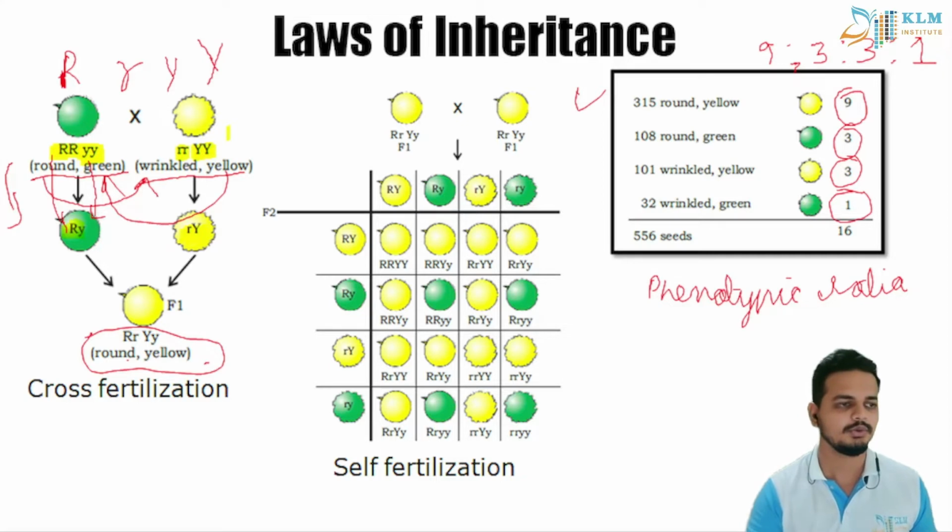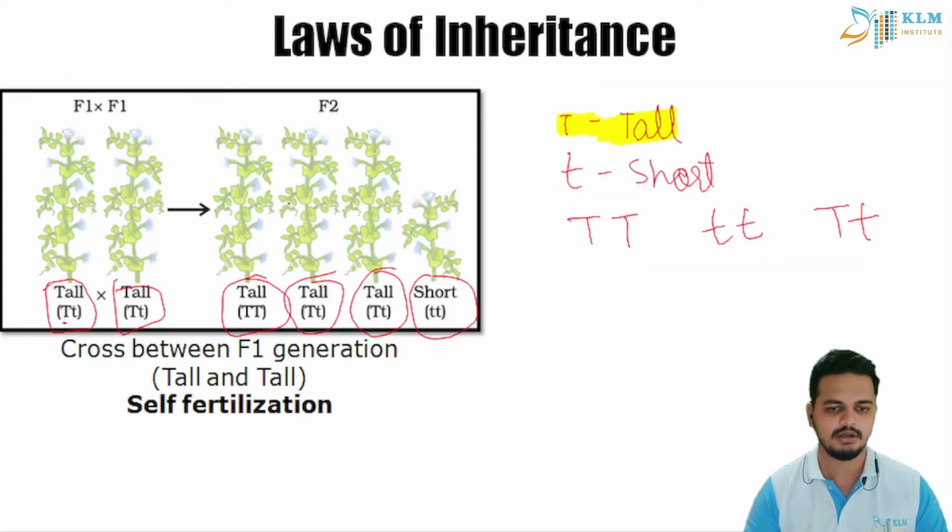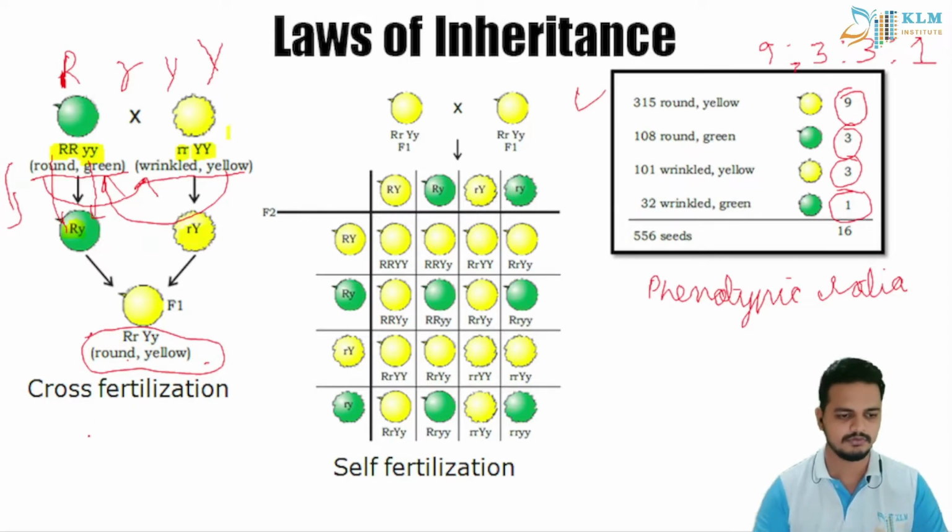Now how do you do it? I'll show you an easy method here. If you have any characters, you can use it for any characters. I'm just showing it for one character.